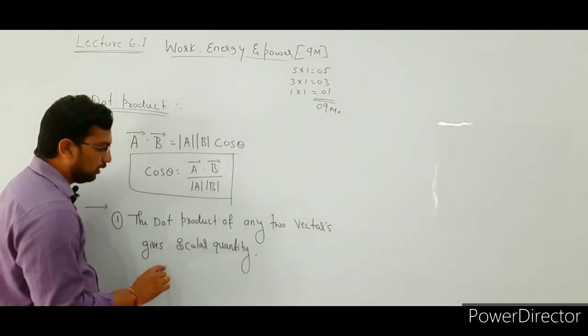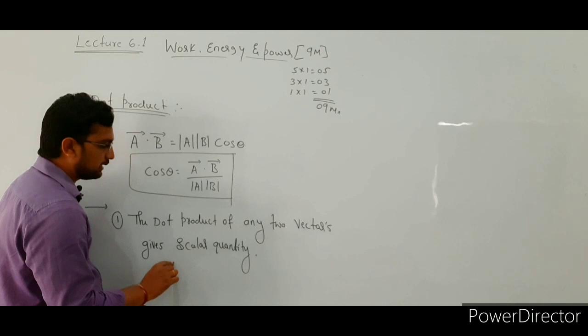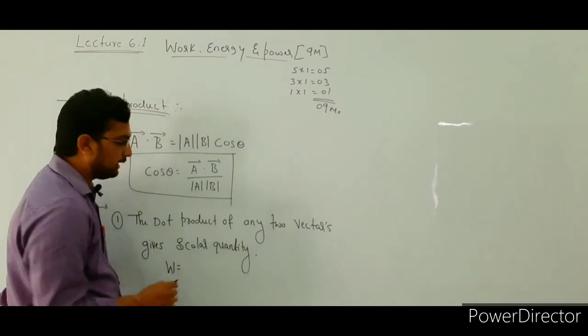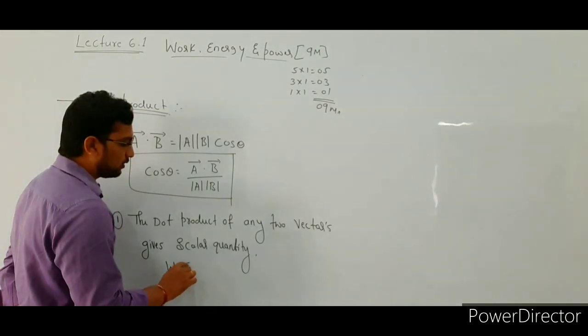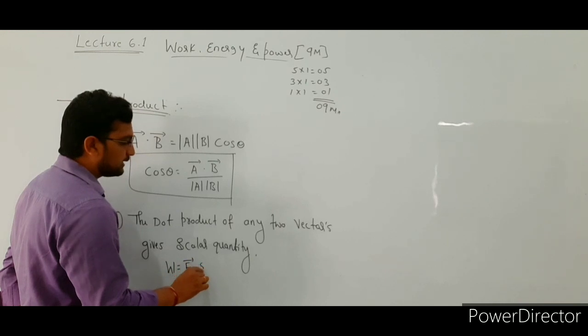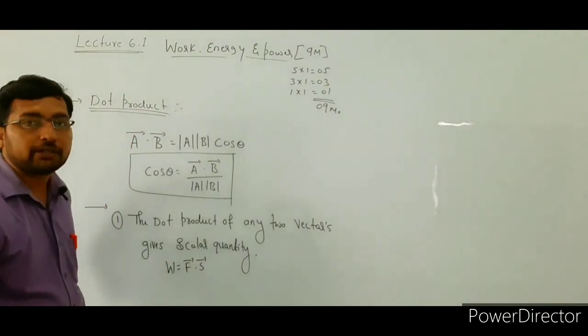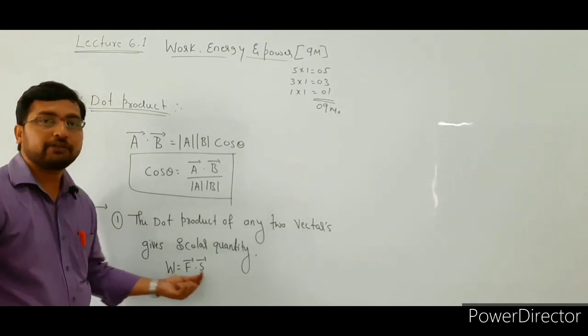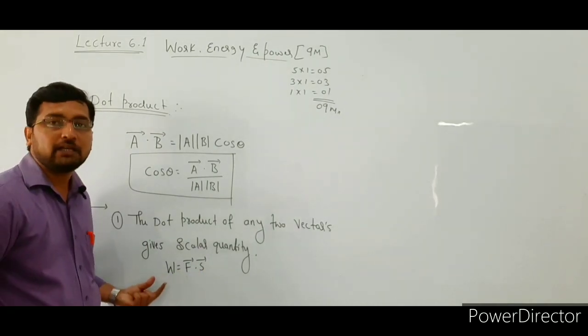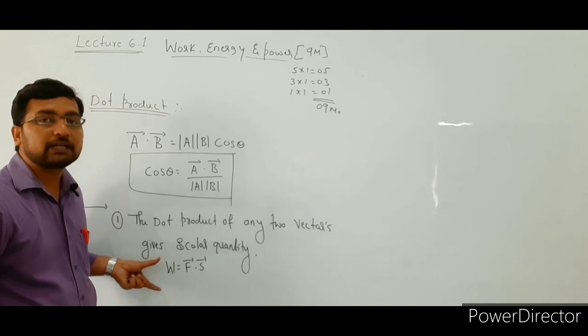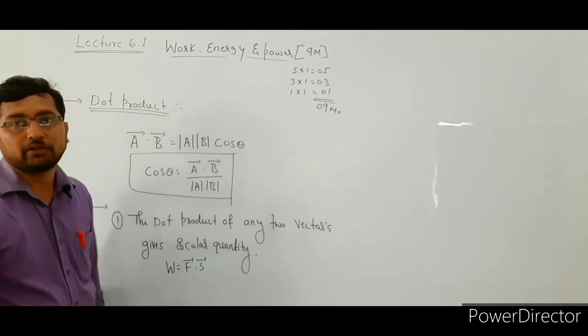For example, work done. Work done is the product of force into displacement. Here the force is a vector quantity and the displacement is also a vector quantity. The dot product of these two vectors gives a scalar. So the work done is a scalar quantity.